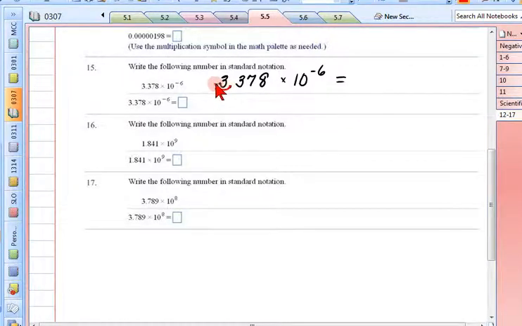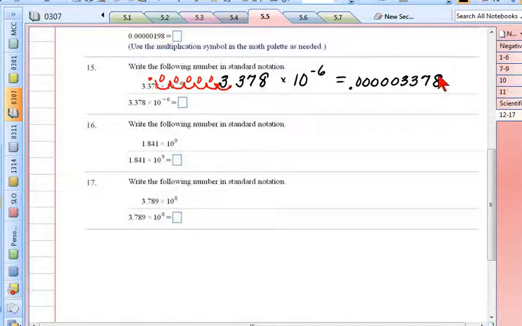It will go 1, 2, 3, 4, 5, 6, and I have destroyed the question, but I will fill in with 1, 2, 3, 4, 5 zeros. So my answer in standard form is decimal point 1, 2, 3, 4, 5, 3, 3, 7, 8.